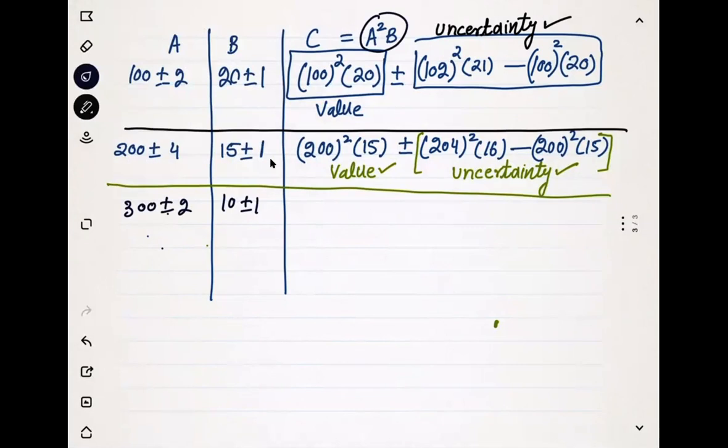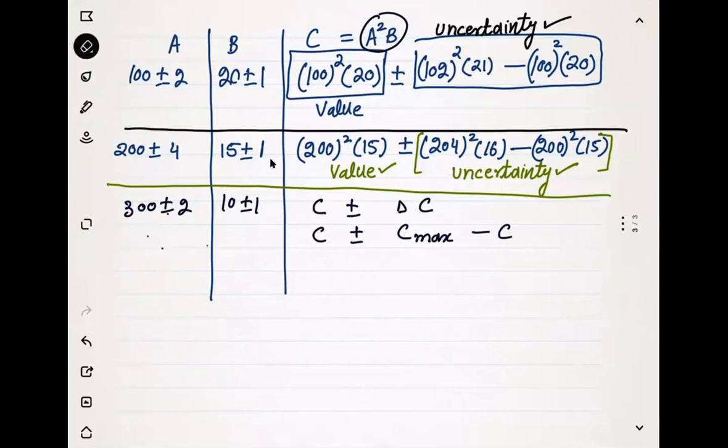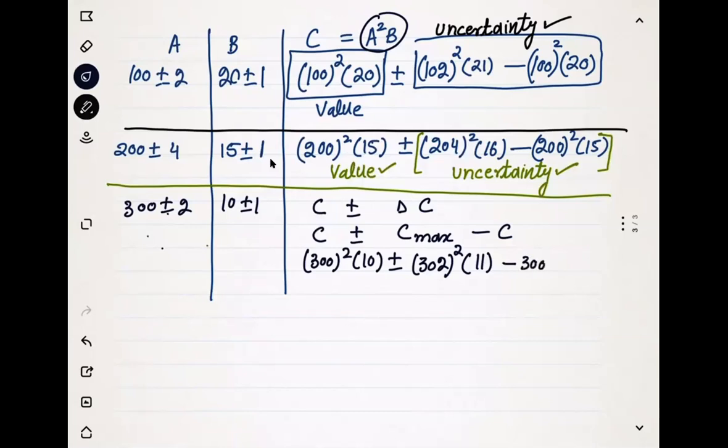The value of C will be C plus minus delta C, which is C maximum minus C. So C would be 300 square into 10 plus minus, C maximum would be 302 square into 11 minus 300 square into 10. So this is the second example of the value and uncertainty calculation.